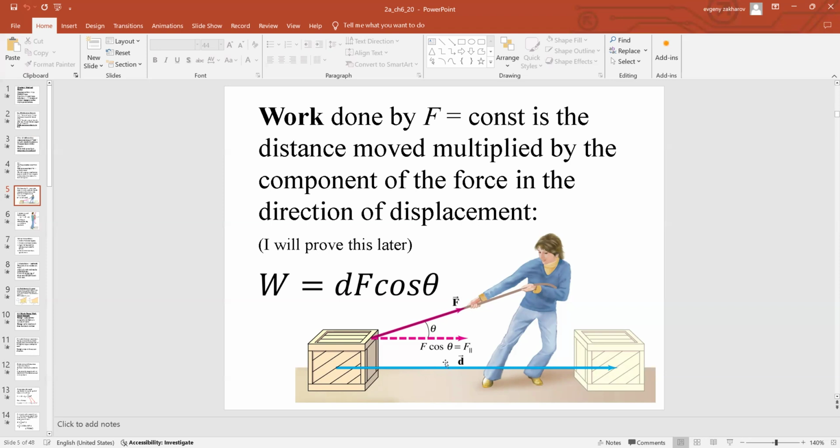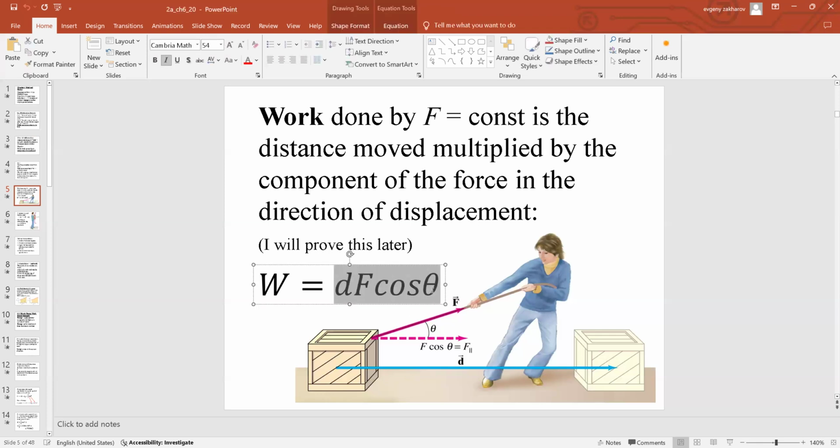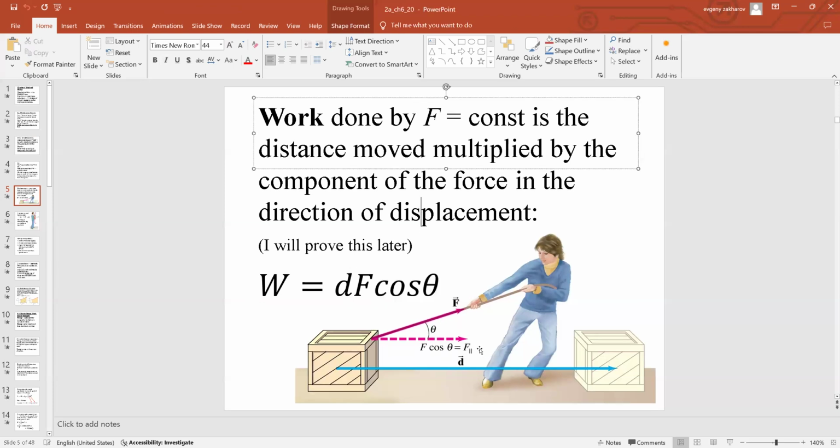So you see the blue vector D. And the work done by this force is the magnitude of the force itself, times the displacement, times the cosine of the angle between the two vectors, the force and the displacement. So this is the angle of reference, angle theta. So F times D times cosine theta is your general way of calculating work done.